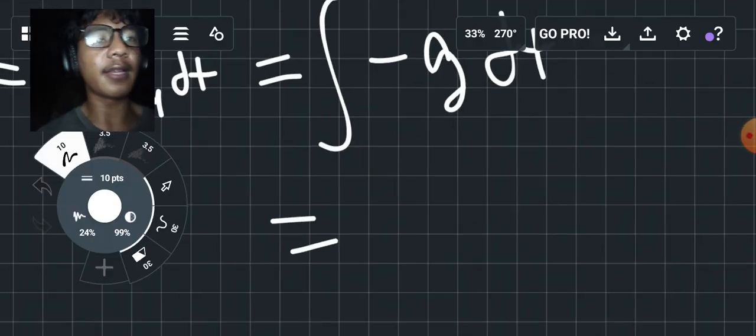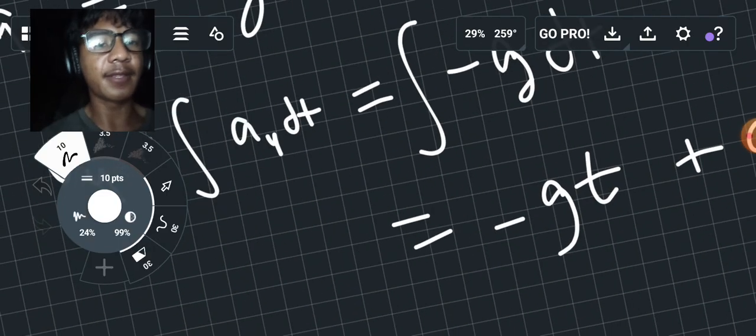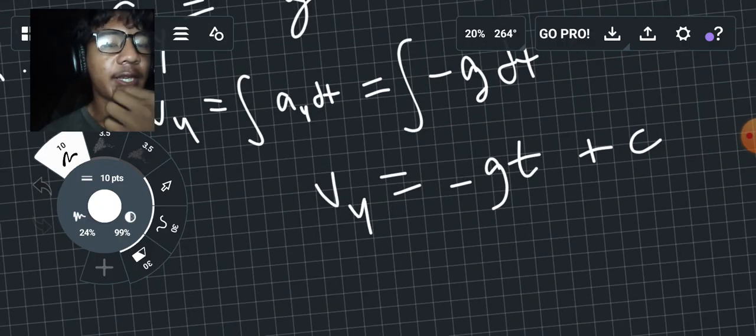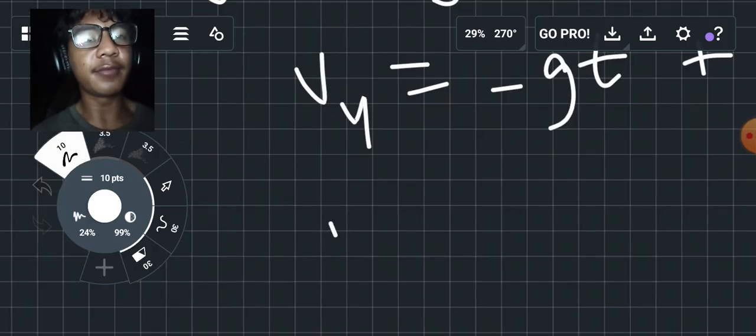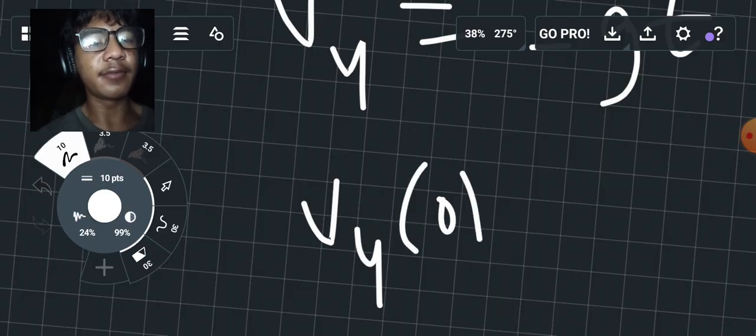We get negative g t plus c. Okay, so that's our Vy right there. Vy of t. Plug in 0, we get Vy of 0, or V naught y.